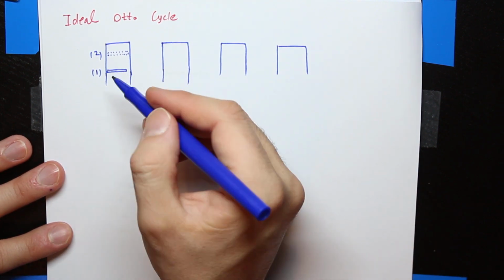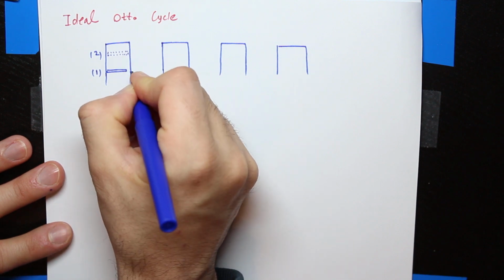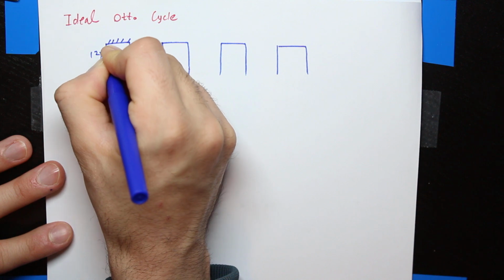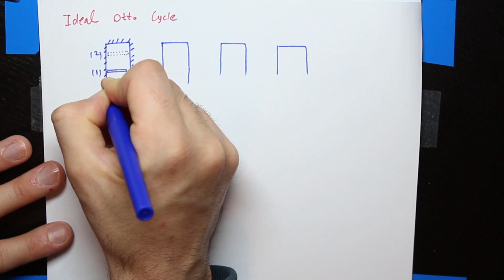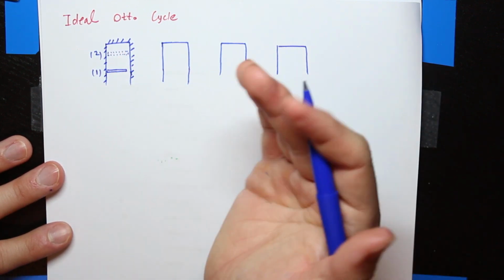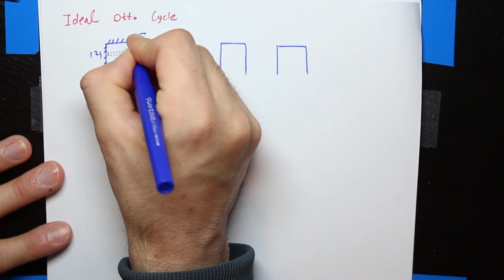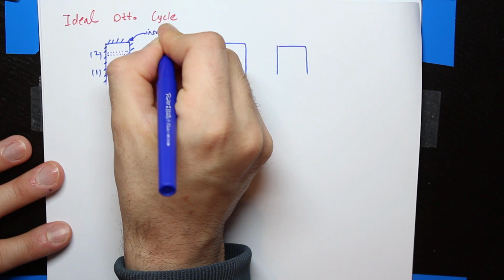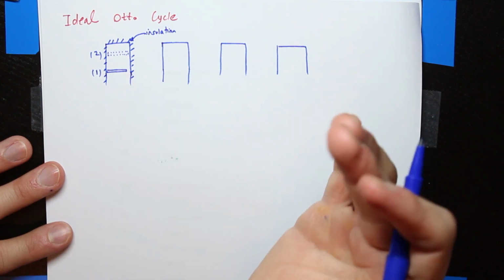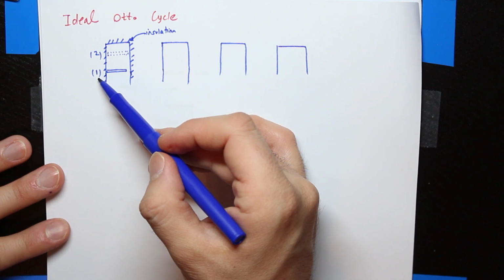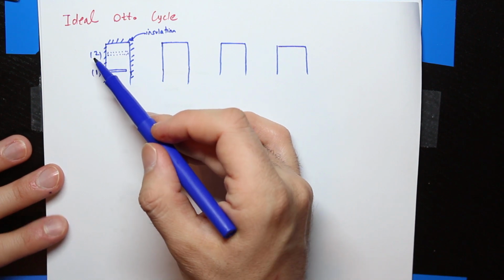From 1 to 2, we assume that the entire cylinder is insulated, so there is no heat transfer from the cylinder to the surrounding and vice versa. This hatch pattern shows the insulation, which means there is no heat transfer.